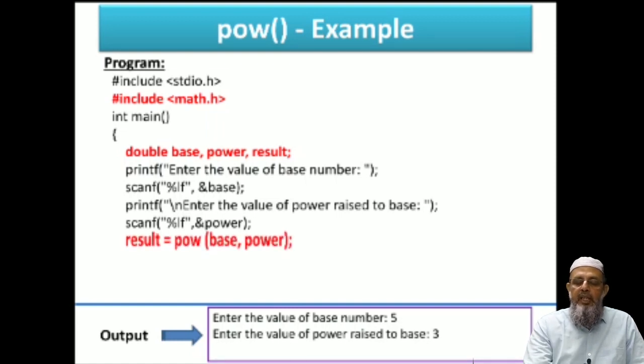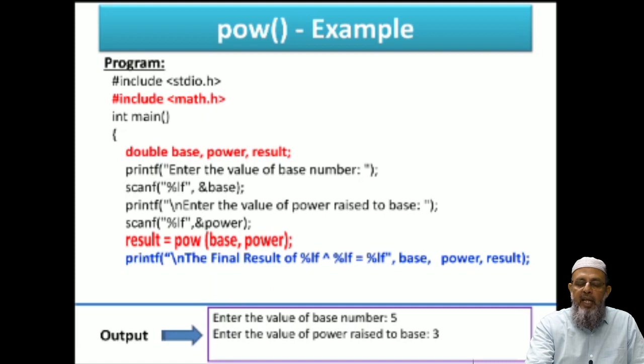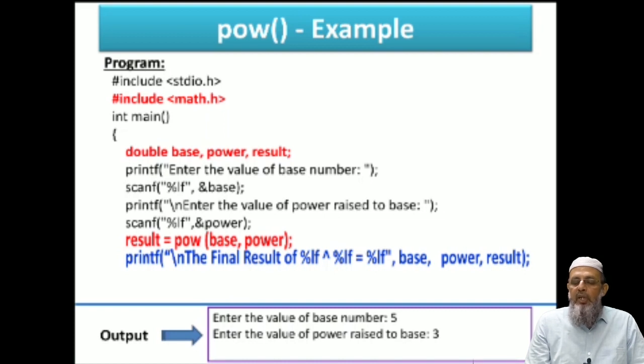Result is equal to pow(base, power). The base value is provided, the power value is provided, so base raised to power, 5 raised to 3, will be computed and printed like this. printf, backslash n, final result of %lf raised to %lf is equal to %lf, comma, base, comma, power, comma, result.